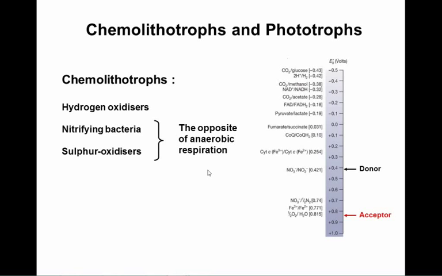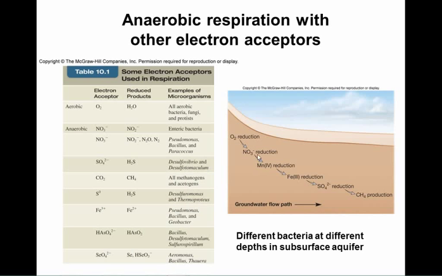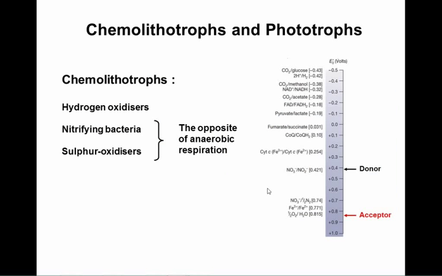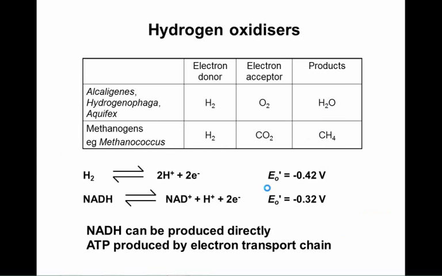So they're doing the opposite thing to anaerobic respiration. Why does it work? The big difference is the availability of oxygen. Okay. Here, this is going to work because you don't have any oxygen. If you want to live by chemolithotrophy, you have to have oxygen present, except for the case of hydrogen oxidizers.